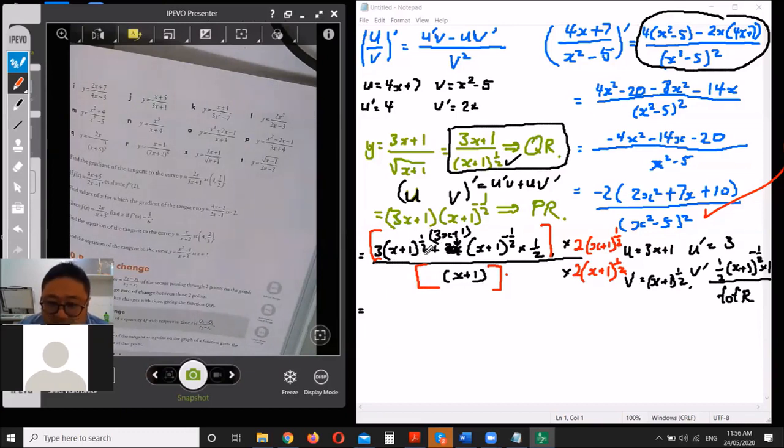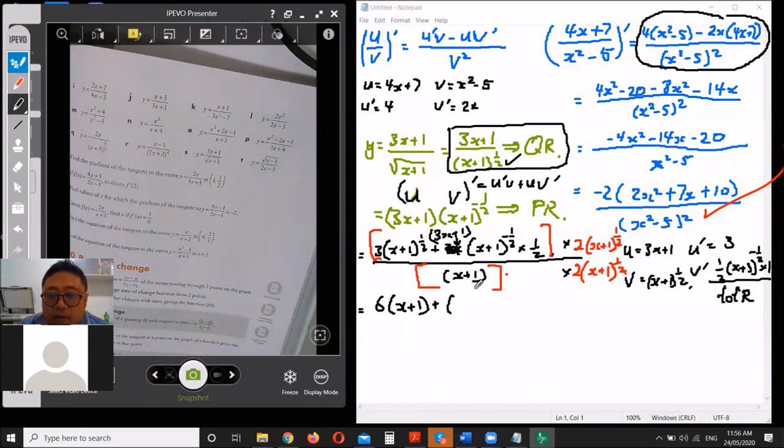So it'll be 6x plus 1, and then plus, for this bit, it's all one term after.